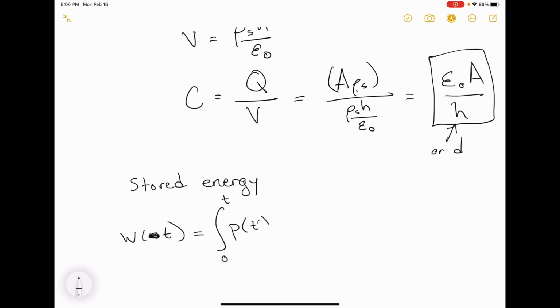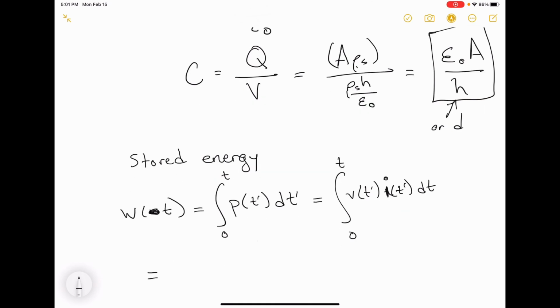I'm going to use primed time coordinates for that. Power of time dt. Cool. And we know that power is equal to voltage times current, so we can also write that as the integral from 0 to t, voltage of time times current as a function of time.